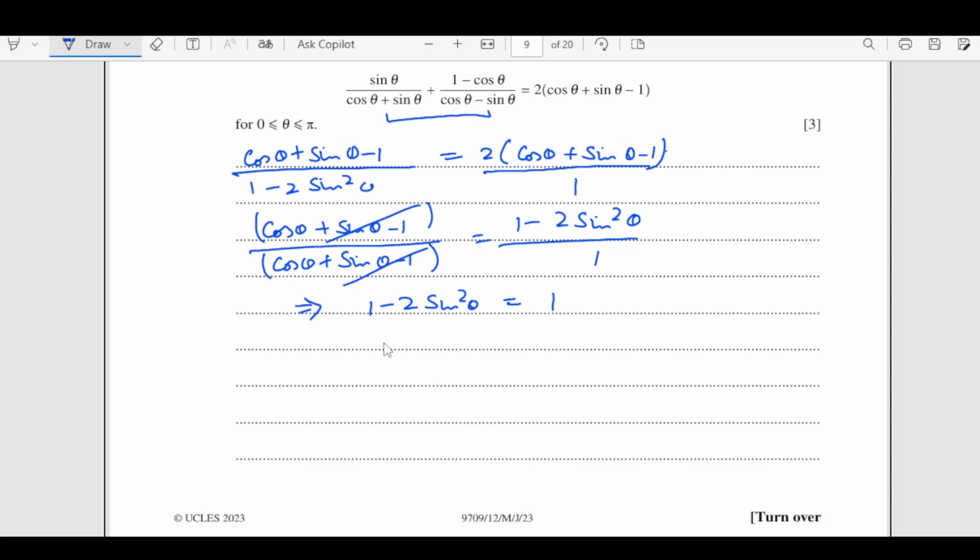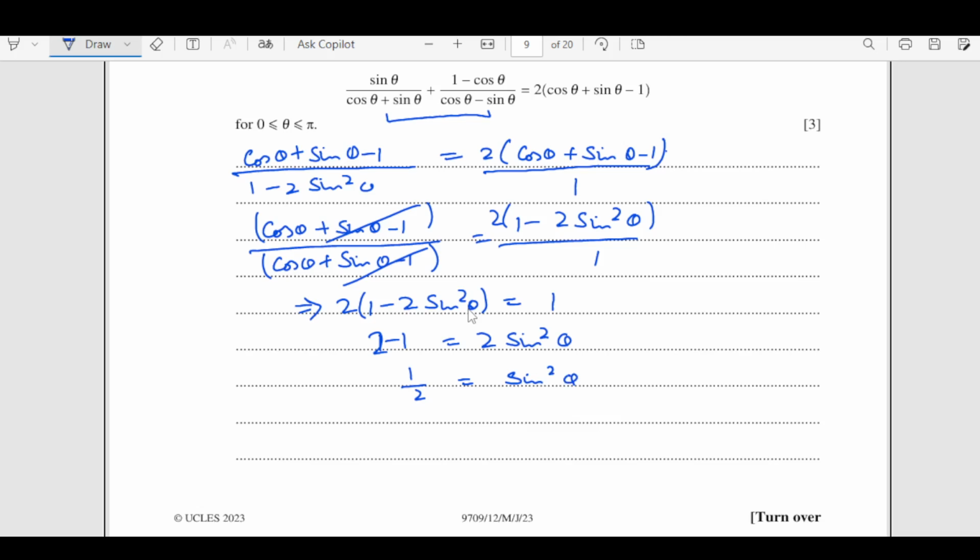So then 1 minus 1, bringing this to this side, 2 sin squared theta, sorry, there was 2 here already. So this is 2 minus 1, this is 1 over 2 equals sin squared theta, right.